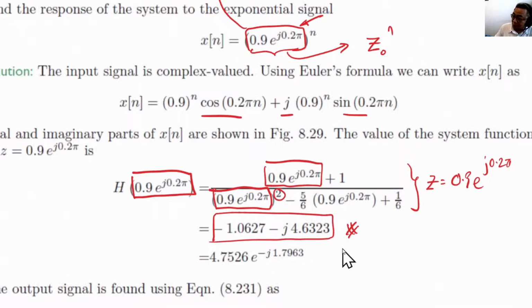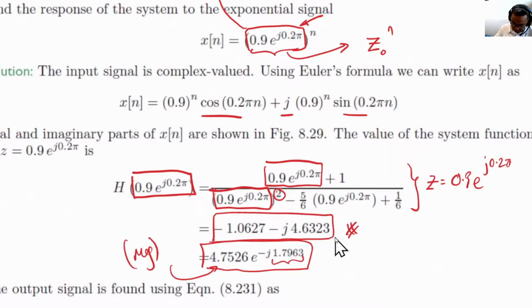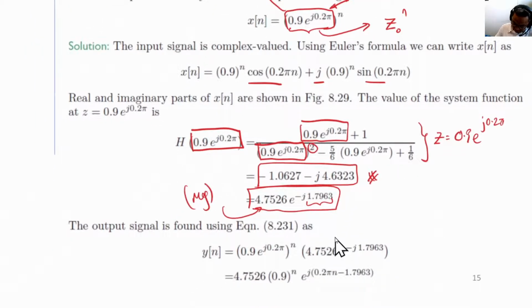Typically, we don't like the number to be in rectangular form. We want it in polar form because it will tell us the magnitude that we introduce to the signal as well as the phase. We take this magnitude and phase and multiply it by the original signal. So this is z0 to the power of n. Its magnitude will be changed by this, and its phase will be changed by this.